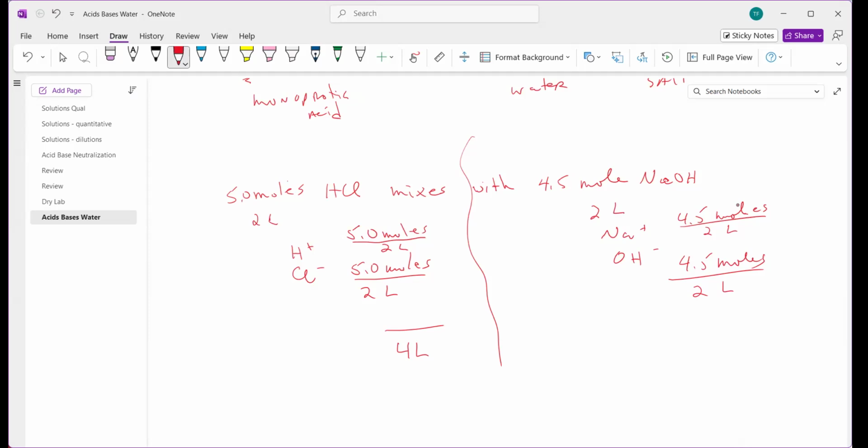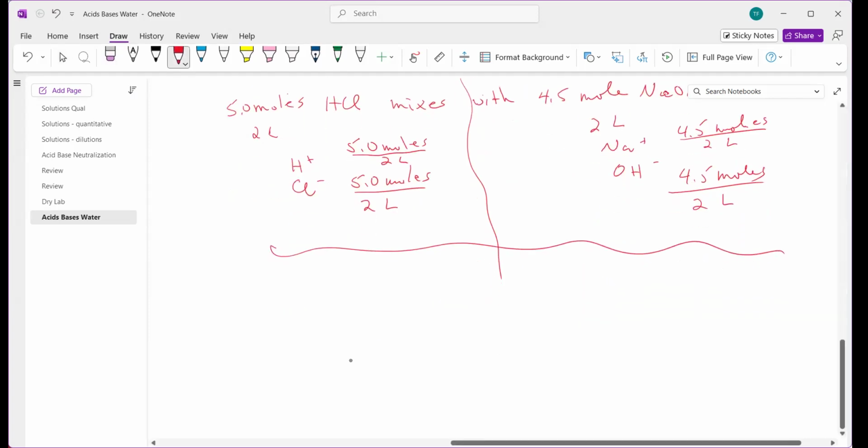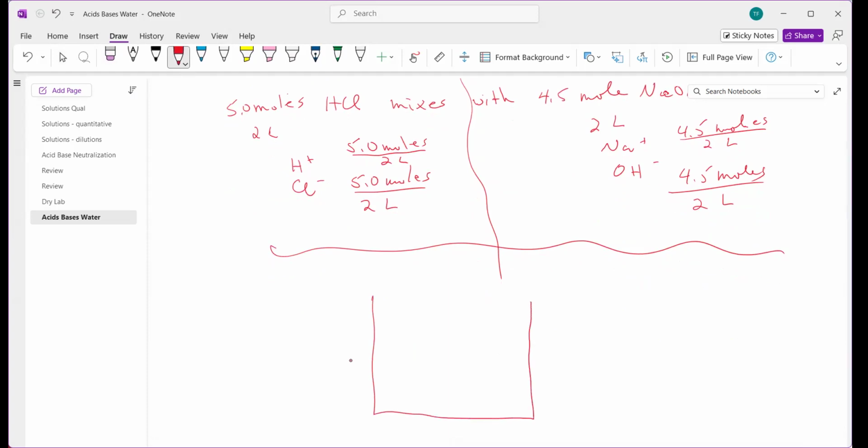Now let's dump these together. Our volume now is 4 liters.